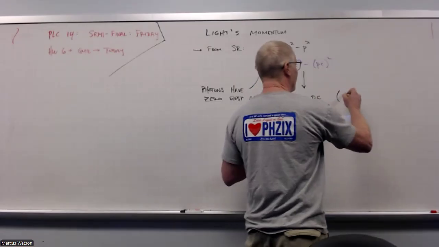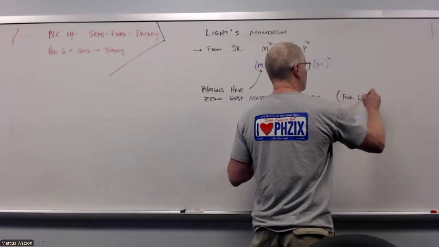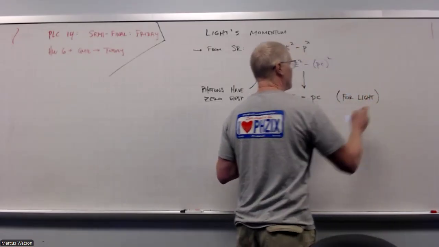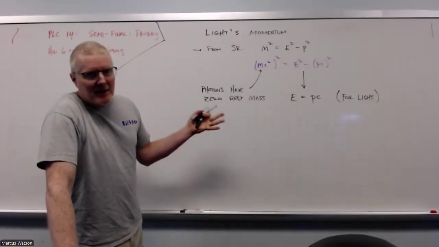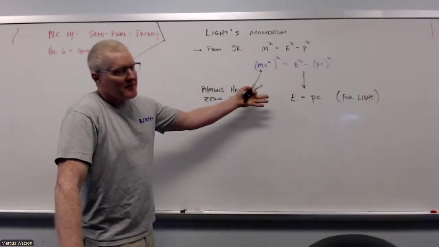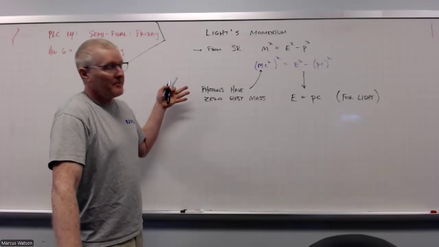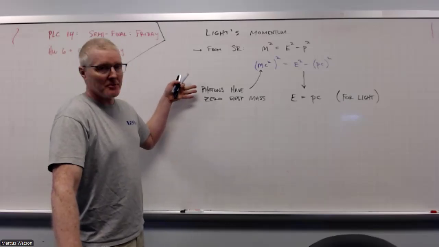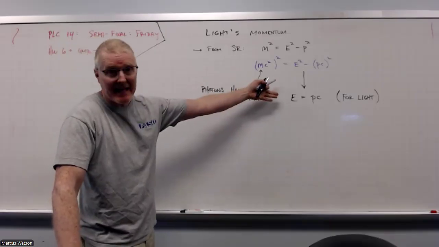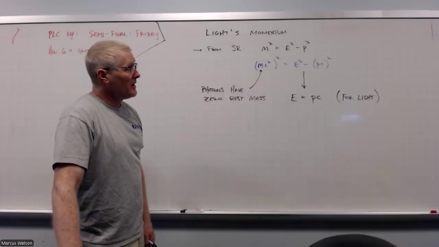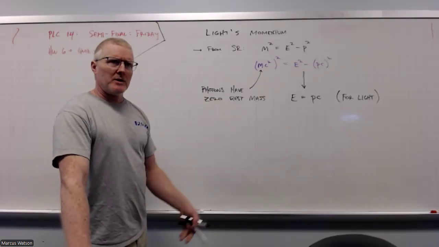This is for light. Right? And well, I should be a little bit more general about that. This is going to be true for any messenger particle that has zero rest mass. This is true for anything with zero rest mass, is that that's the energy momentum relationship. And you say, well, what other ones have zero rest mass?